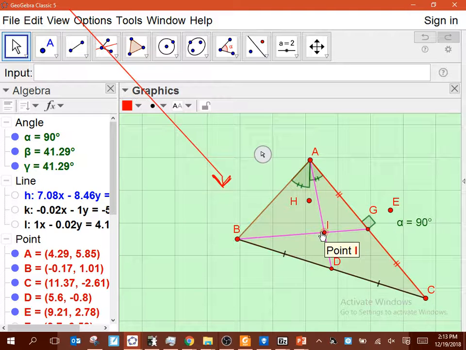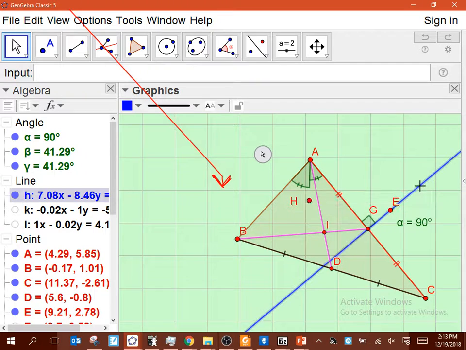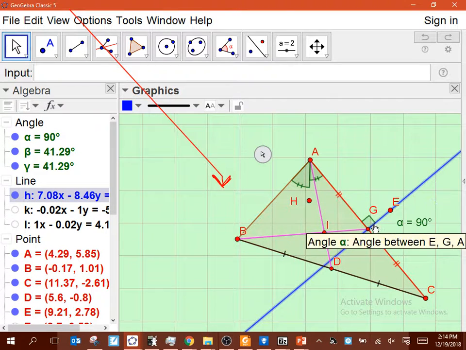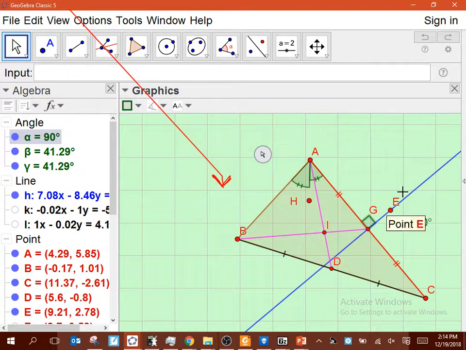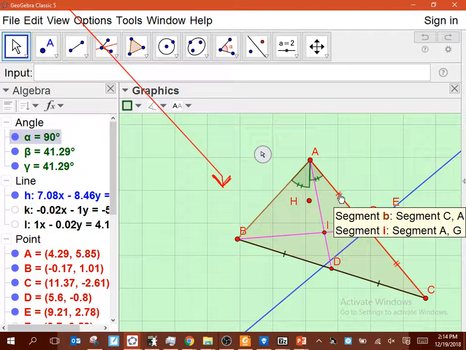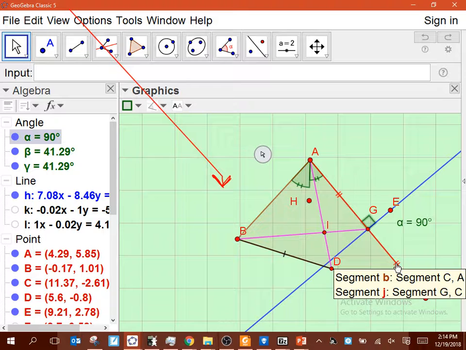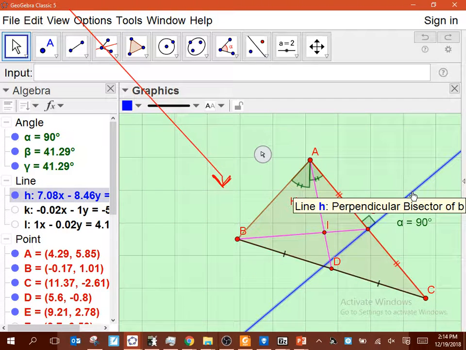Going back a little bit, what's that blue line there? Based off the notation, what kind of line is it? It's a perpendicular bisector. That line has a right angle right there, so it's perpendicular. These two marks there and these two marks right there tell us that G is a midpoint. So blue is a perpendicular bisector.